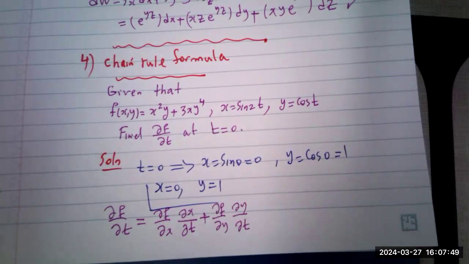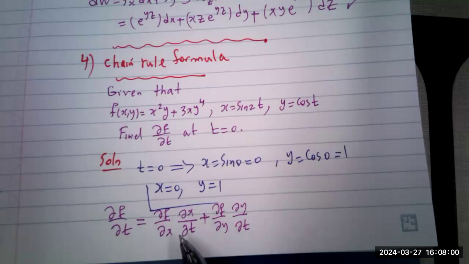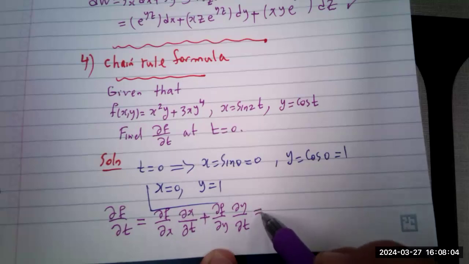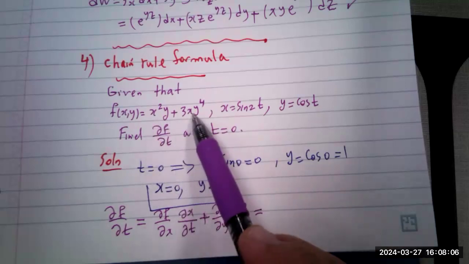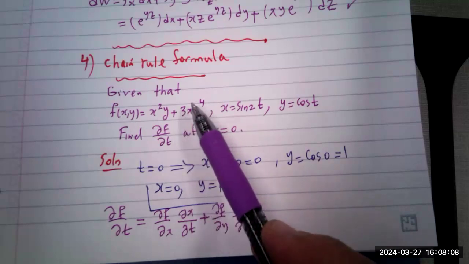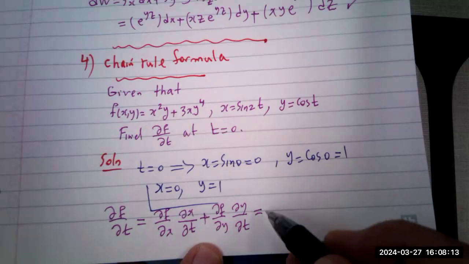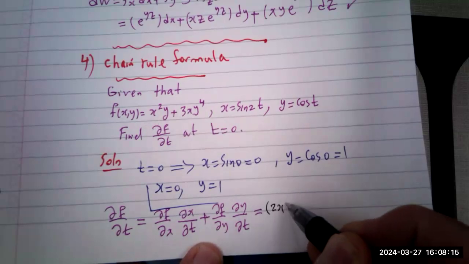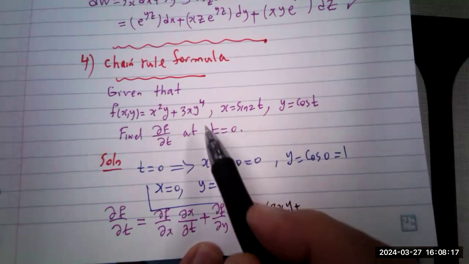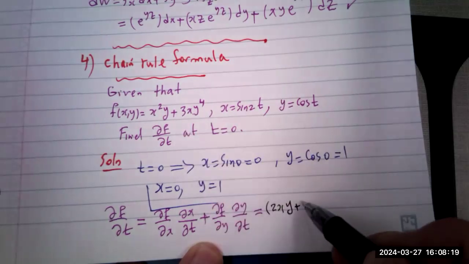Substitute, simplify. You can do it separately or as is, this is easy. There you are. ∂f/∂x, derivative of f with respect to x: focus on x, derivative of x squared is 2x, so it's going to be 2xy, plus 3y to the 4th.